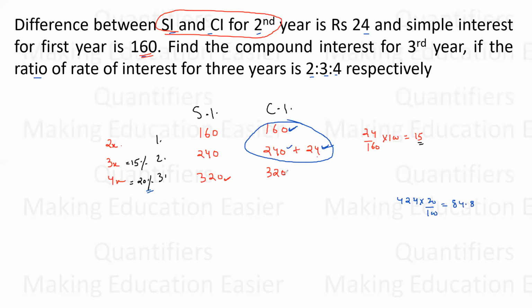That means along with 320, we will get 84.8 as well. So this will be the total compound interest for the third year, which comes out to be 404.8. Okay, that is the question. We need to calculate the third year compound interest. So the answer is 404.8.